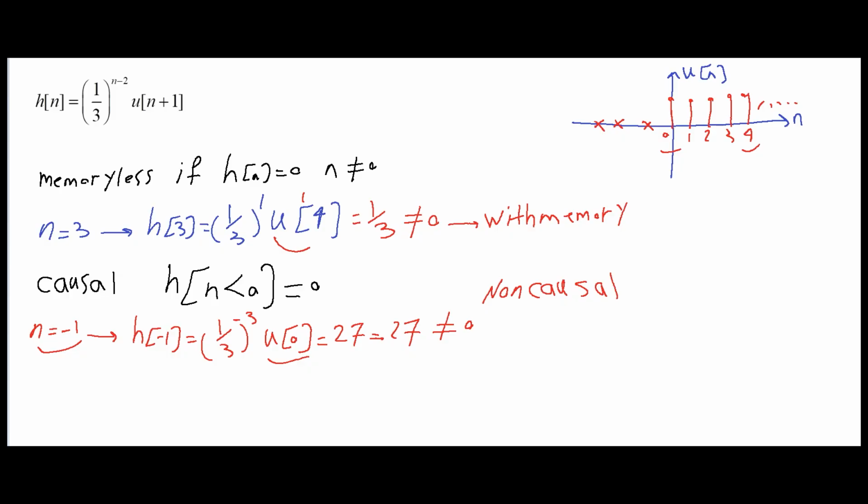Now let's discuss stability. For an LTI system with impulse response h[n], the system is stable if the summation of the absolute value of h[n] from -infinity to positive infinity converges to a finite value.